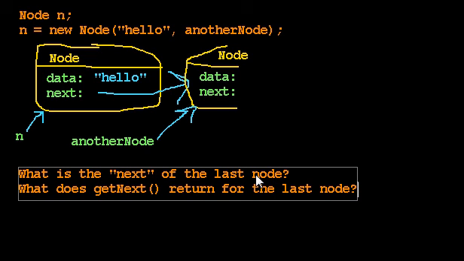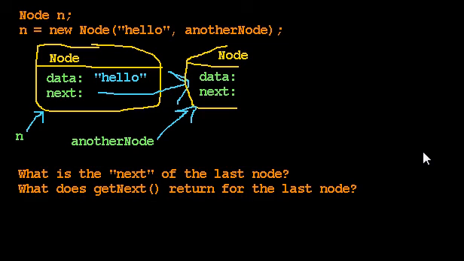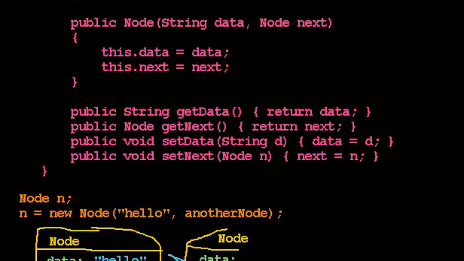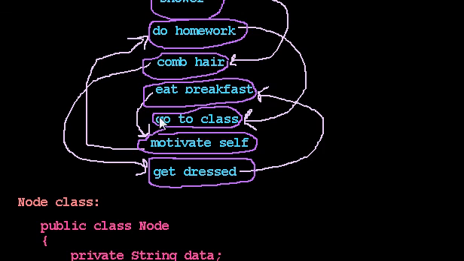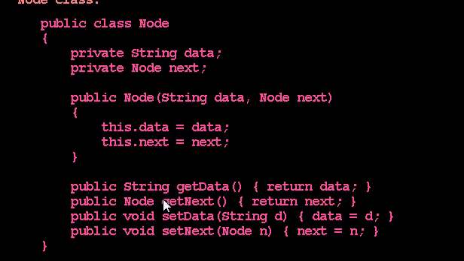And if you think about it, there's only one thing getNext could possibly return for the last node. It's got to return something, and if it's a node, well, that would surprise us because we're supposed to represent the idea that this particular node, the last node, has no next. So that means the node object stores something in this next field.